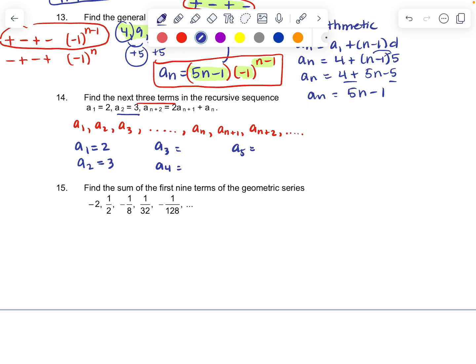Okay, so look. You can use a formula for this if you want to. So they're saying a sub n plus 2, so that's like this guy right here, equals 2 times a sub n plus 1. So this equals 2 times the term before it, and then plus the term before that.